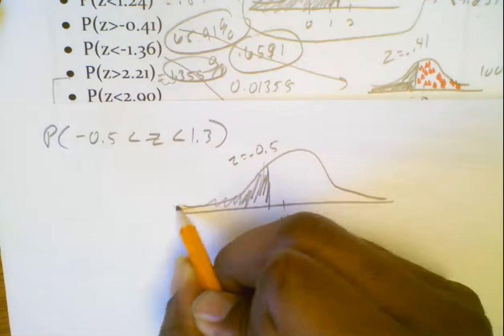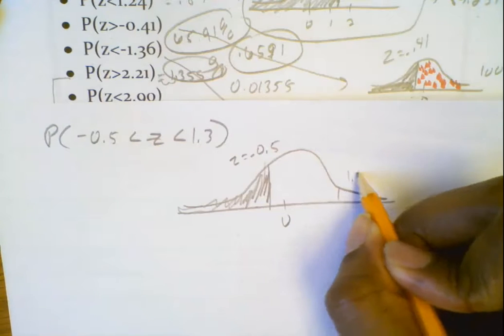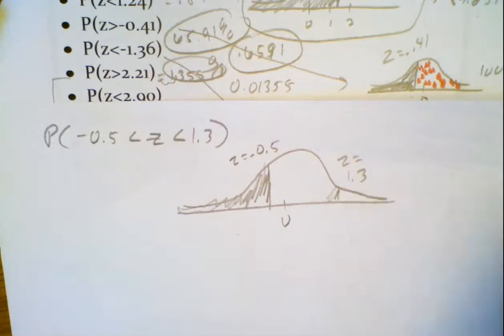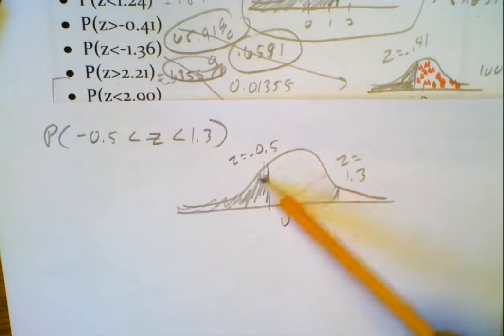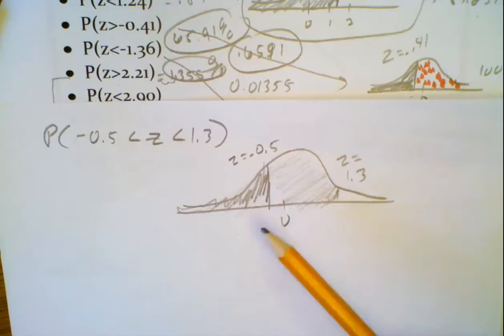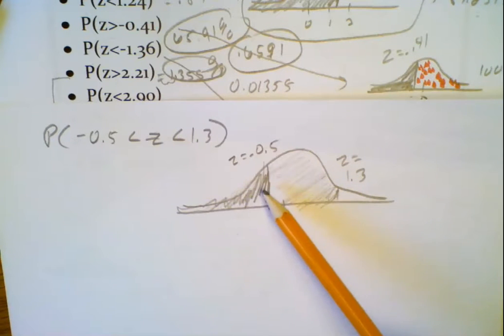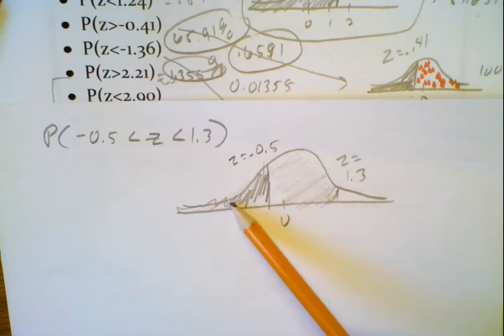And the upper end is 1.3. So I need to find this portion as well. I'm going to make it a different shade, a lighter shade. So ultimately, you want a probability that z is in between those two. So you basically want to find this lighter shade right here. So you're going to first find this area, then you're going to find this area, and then subtract them.